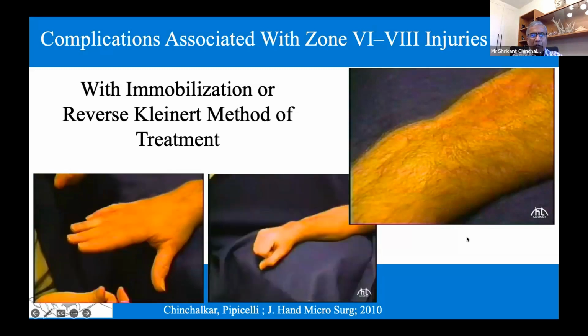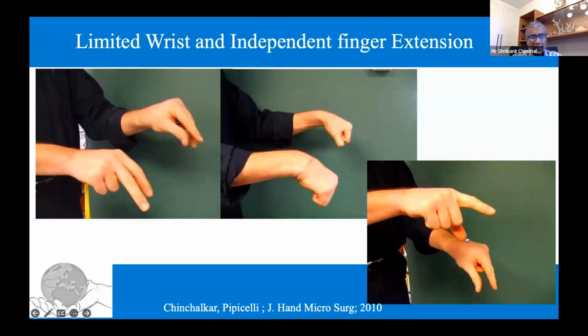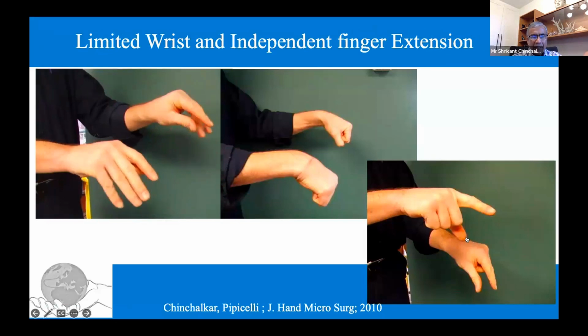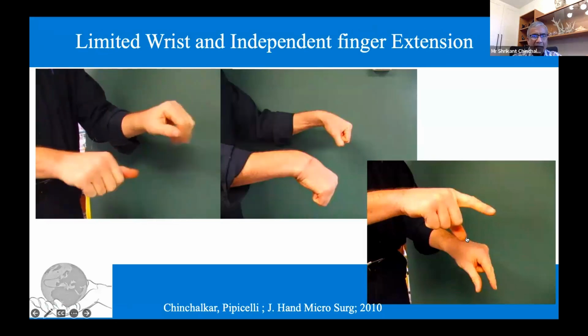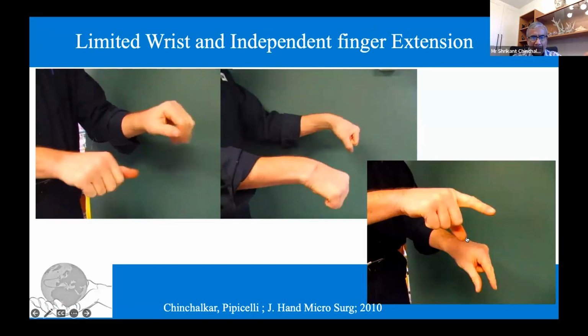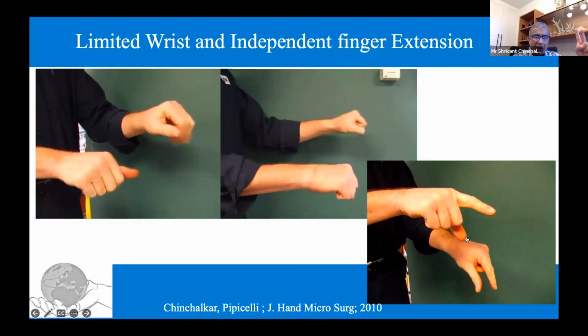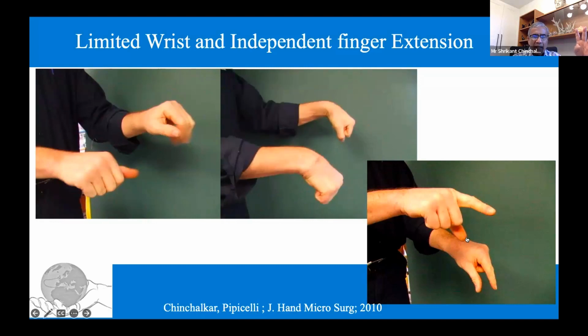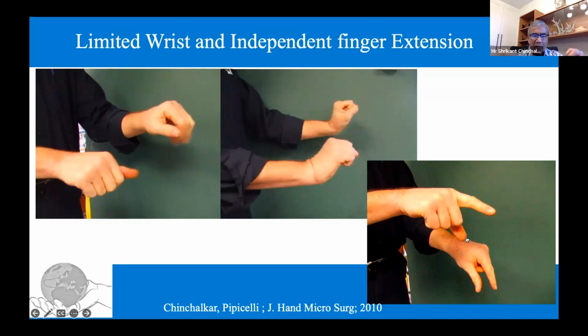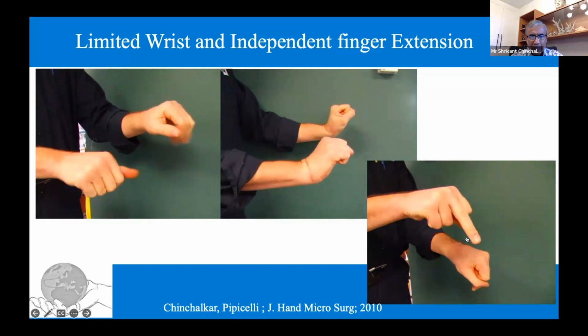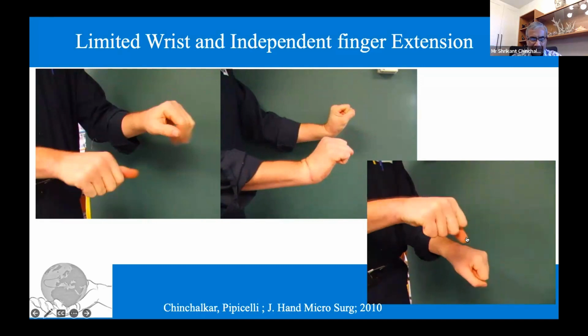So in addition to restricted motion of the wrist and fingers combined, patients also demonstrated limited finger motion. They could not perform independent extension of index, long, ring, and so on because these tendons had scarred down to each other in the proximity of the extensor retinaculum.